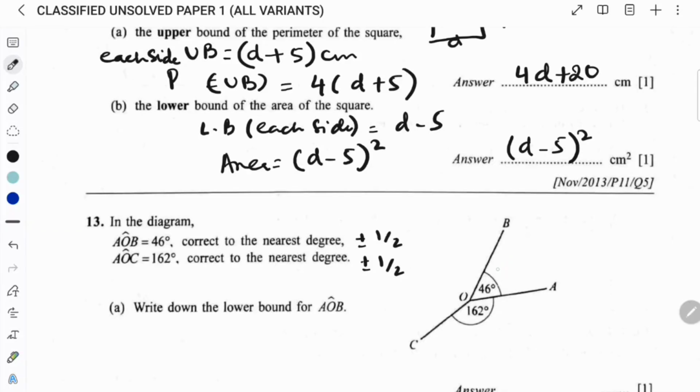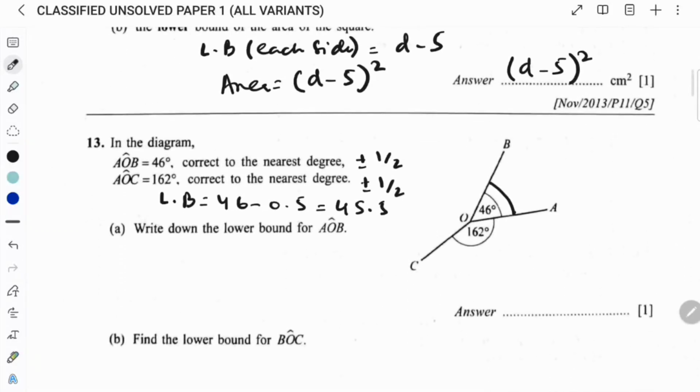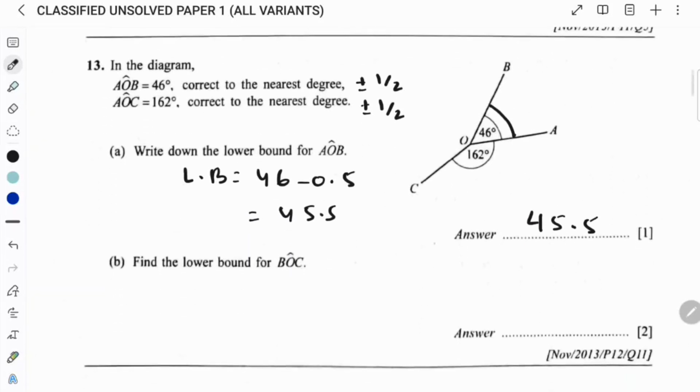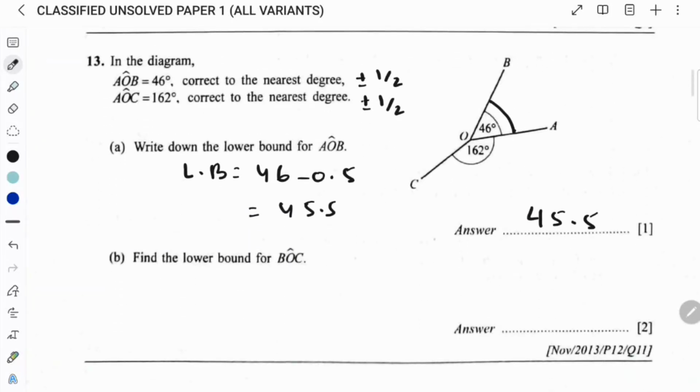So the lower bound is equals to 46 minus 0.5, which is 45.5. And then the lower bound of BOC, this angle.